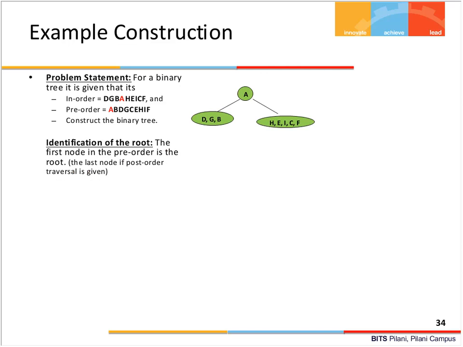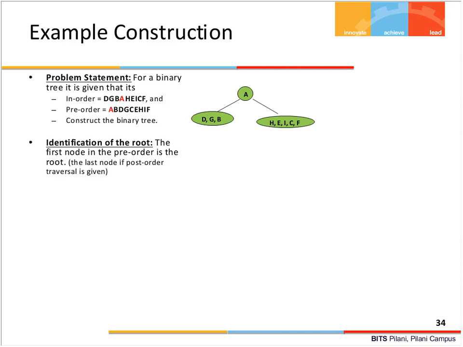So with no doubt, I can construct my stage 1 tree in the form shown on the screen. A is definitely going to be the root because that is the first node in the pre-order, and its left child will be DGB, right? Why is it so? Because DGB is occurring on the left side of A in the in-order, right? And on the right side, HEICF. The rest of the elements will be occurring on the right side.